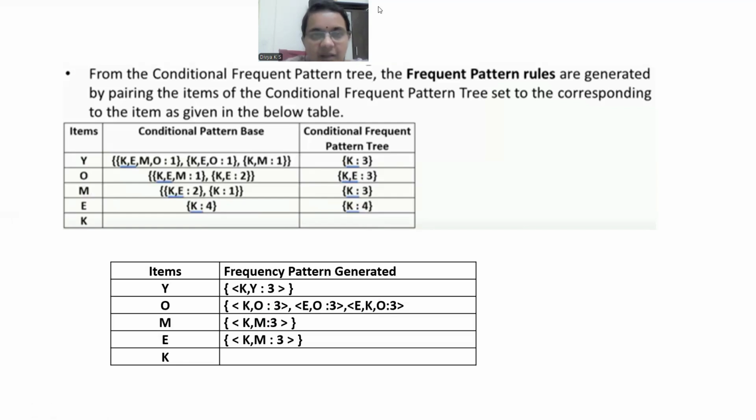From the FP tree we inserted the items, and from the items we got the paths, and from the path list we find out the conditional pattern base, and after the conditional pattern base we received the conditional frequent pattern tree, and from the conditional frequent pattern tree joined with our items we got the strong association rules. So all these are the rules.